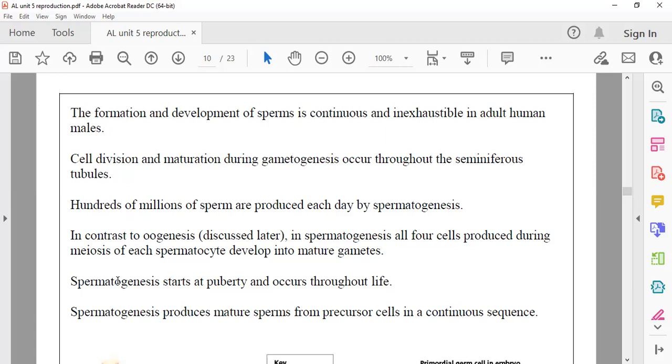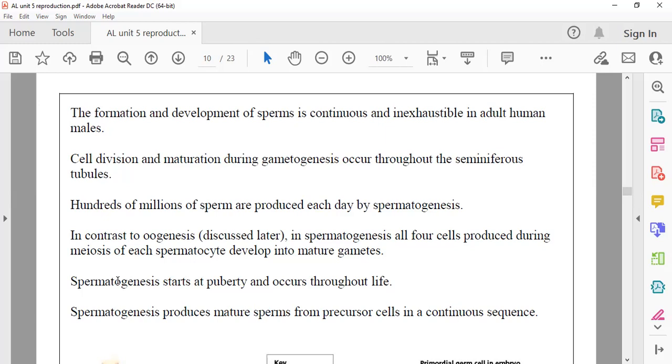That means from one oogonium, how many ovum will you get? One. From one spermatogonium, how many sperms will you get? 4 sperms.